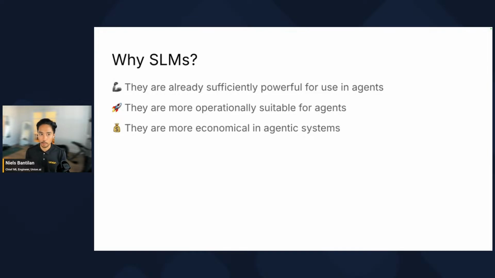They are also more operationally suitable for agents, meaning that if you're self-hosting, again, I'm making that assumption, they're easier to deploy, easier to fine-tune, easier to work with, and easier to debug locally. You can load them on your M3, M2, M1, or whatever other laptop or workstation you have. And then finally, they're more economical. So even when you put them into production, maybe you're using a cloud GPU instance somewhere, it's going to take a lighter weight GPU instance for you to host the LLMs that power your agentic systems.